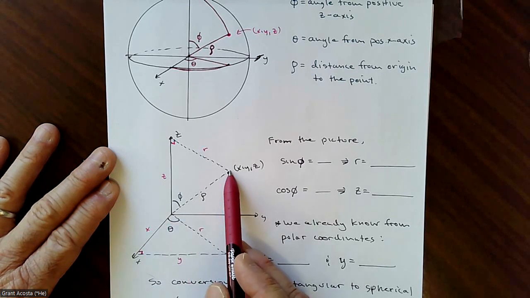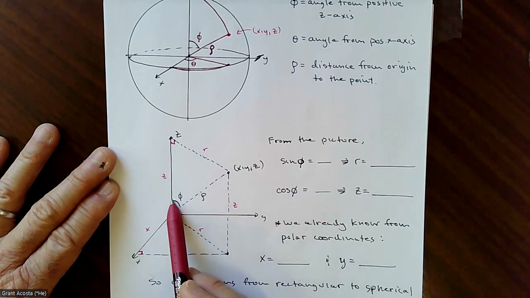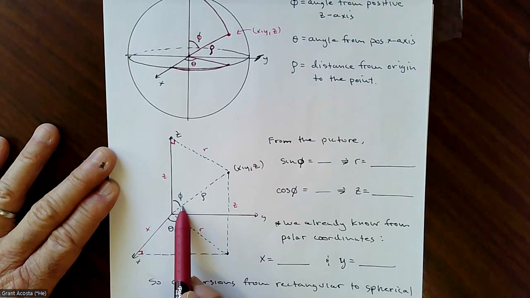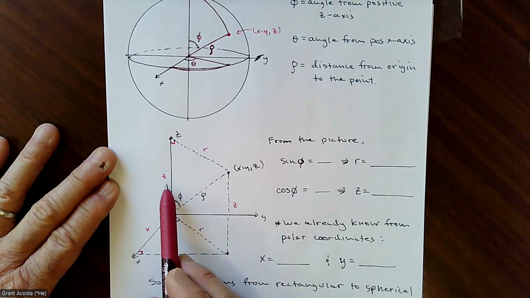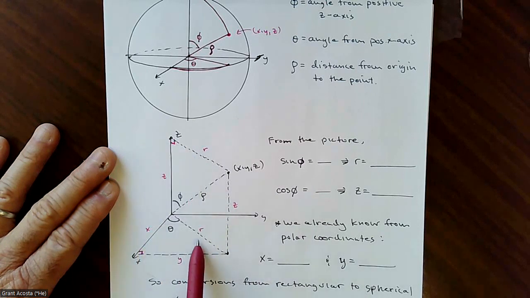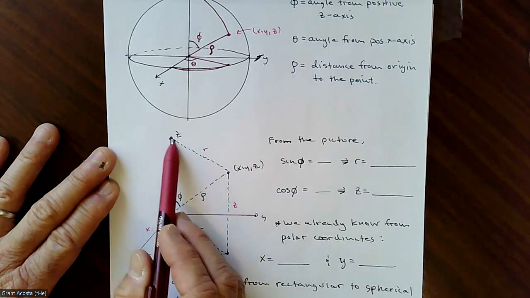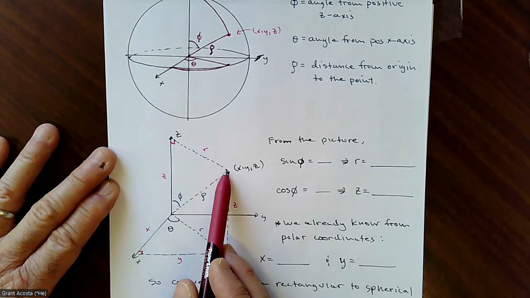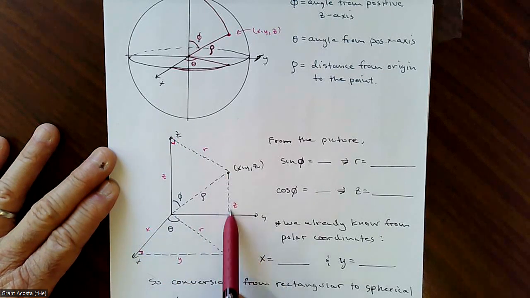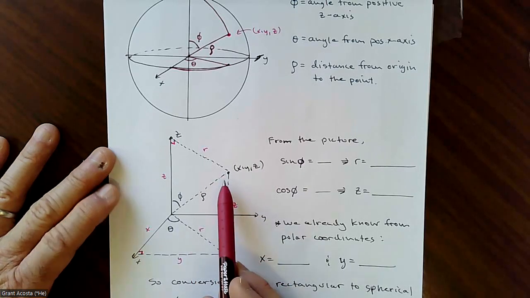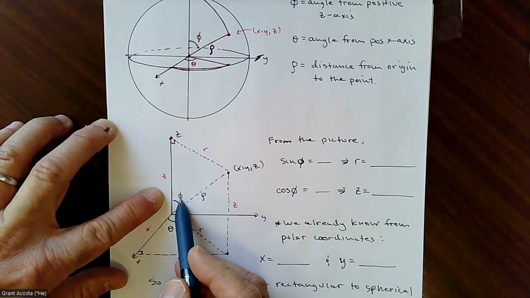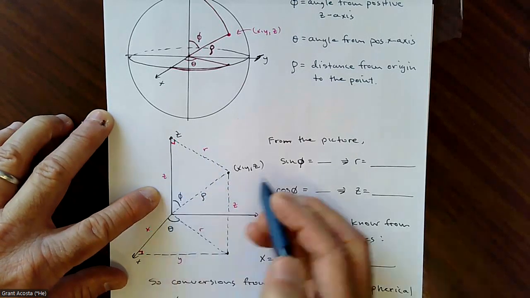But then to get some elevation here, we also had this triangle here formed by moving this angle phi from the positive Z axis. And this is our rho. So this would be Z. Notice this distance would still be R. You're just going this direction from somewhere up on the z-axis. And of course, that's z as well. So using these pictures, I can see from this triangle up here, the sine of phi is opposite over hypotenuse.